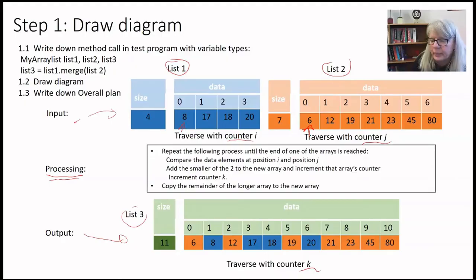Add the smaller of the two to the new array and increment the new array's counter k. You continue with that until you reach the end of this shorter list, and then you copy the rest of the longer list.